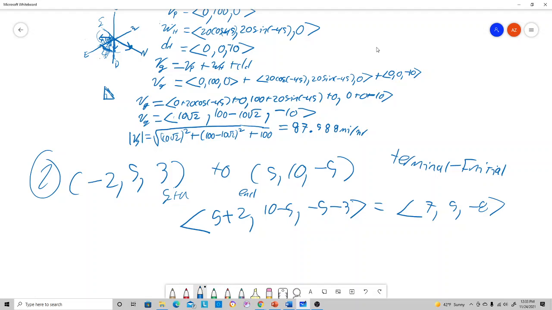How can I turn this into a unit vector? All you have to do is take the magnitude of the vector you have here. Like I said earlier, for the magnitude you just use the Pythagorean theorem: 49 plus 25 plus 64.